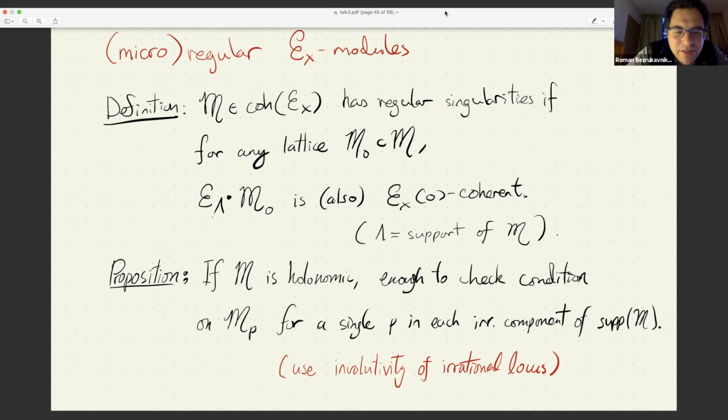I have a silly question. On this slide, the last line, it's involutivity of what locus? The irrational locus? No, the irregular locus. Irregular, sorry. So the bad locus.